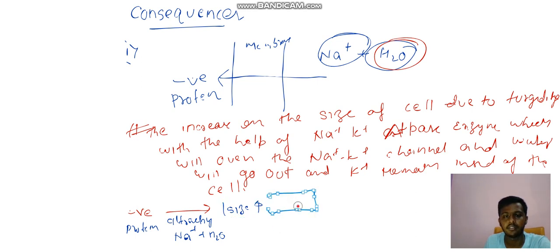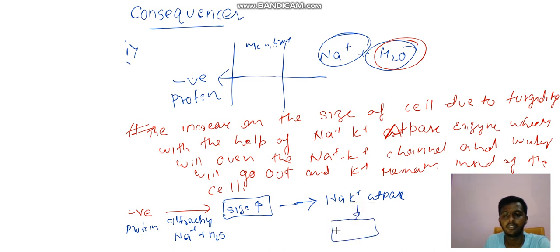After that, with the help of sodium potassium ATPase, again the water is coming out, and the cell becomes thin again.